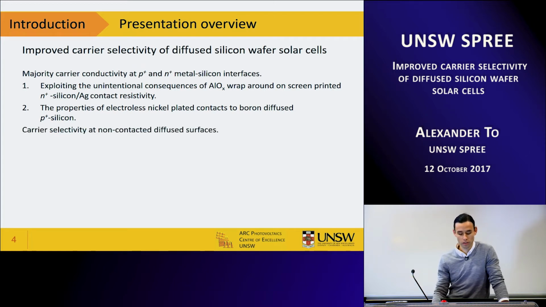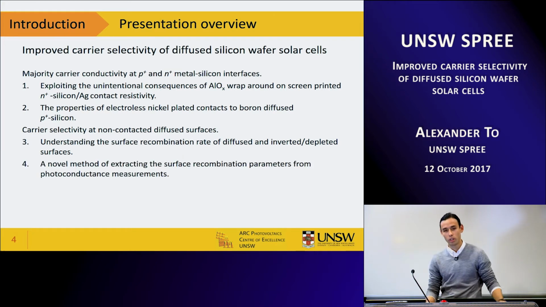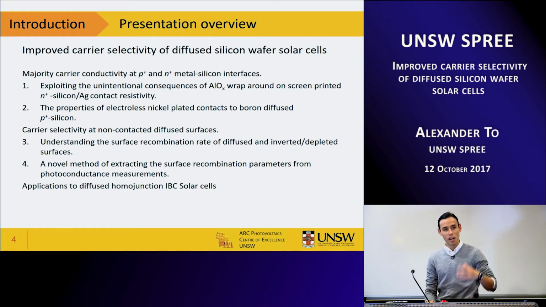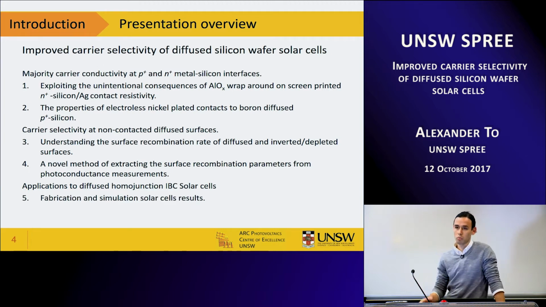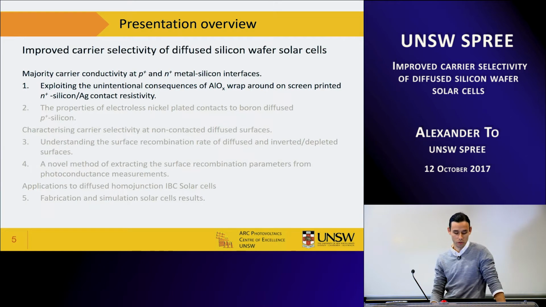Then we're going to look at the carrier selectivity at non-contacted surfaces. What happens and how can we understand the surface recombination of diffused and inverted surfaces? And how can we apply this understanding to characterize these surfaces and interfaces better? And then as the final part of my thesis, we tried to tie this all together with homojunction IBC solar cells, integrating these results and looking at how we can improve these diffused IBC cells.